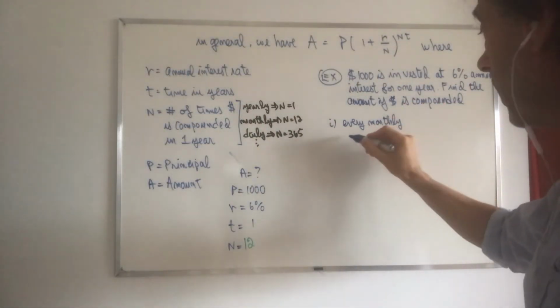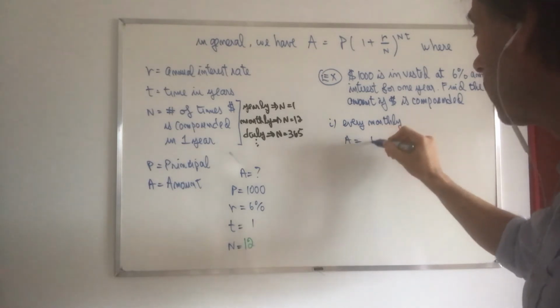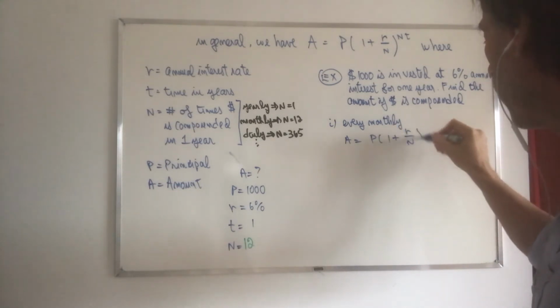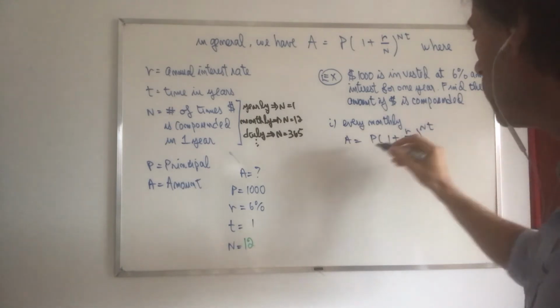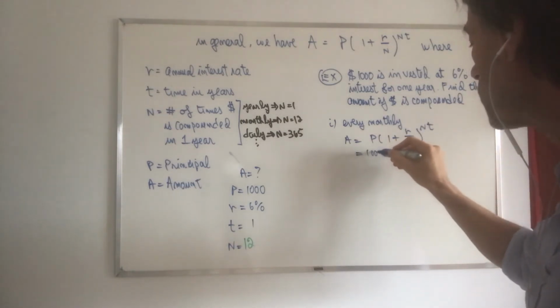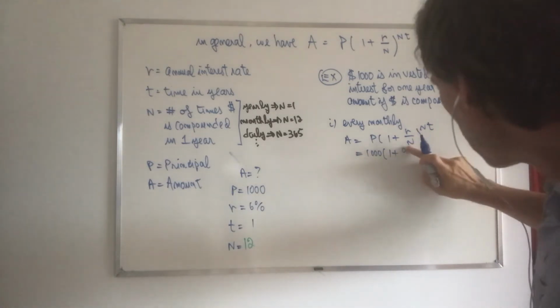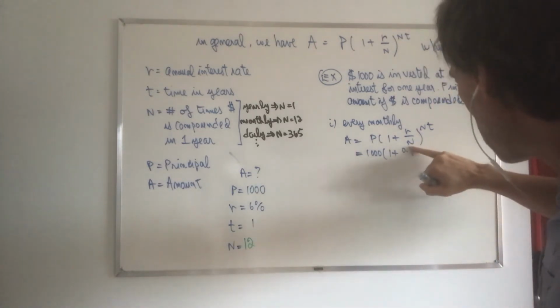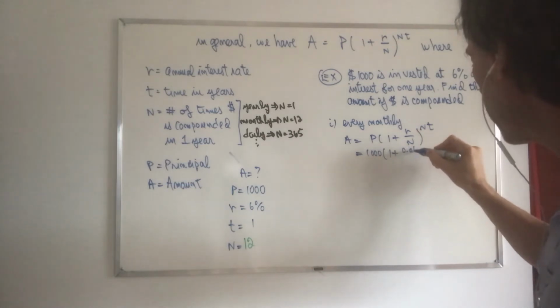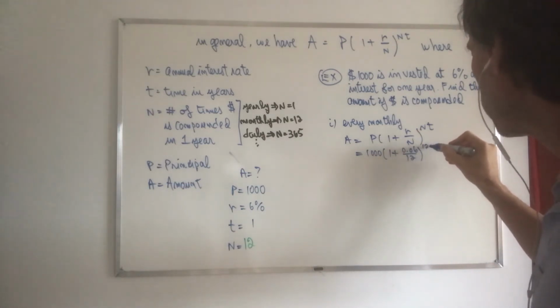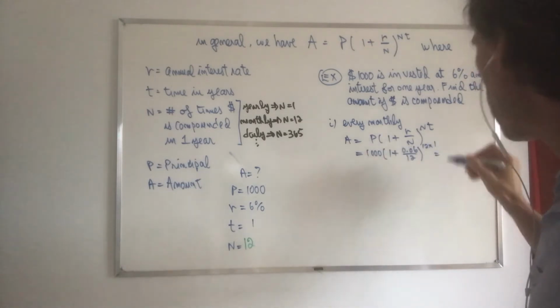So every month I have A equals P times (1 plus R over N) to the NT. So that's 1,000 times (1 plus 0.06 divided by 12) to the power of 12 times 1.